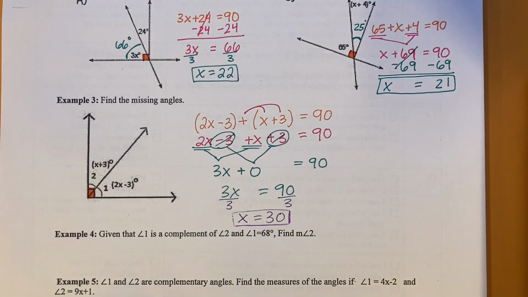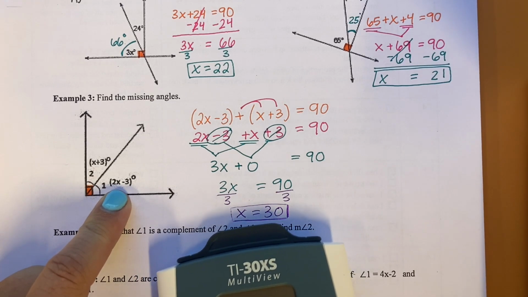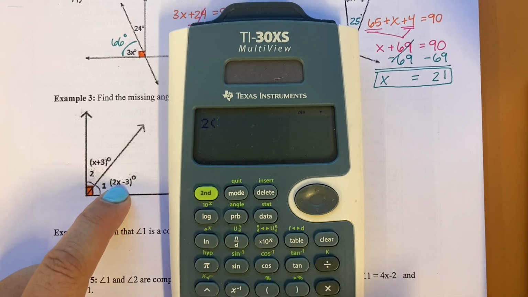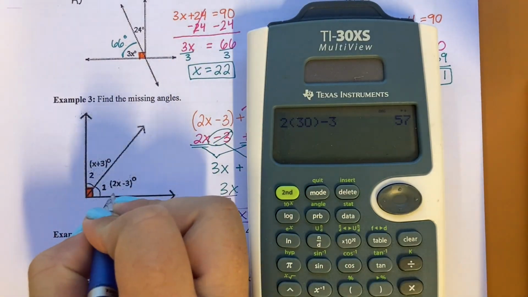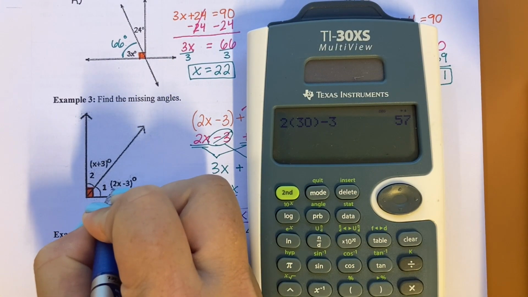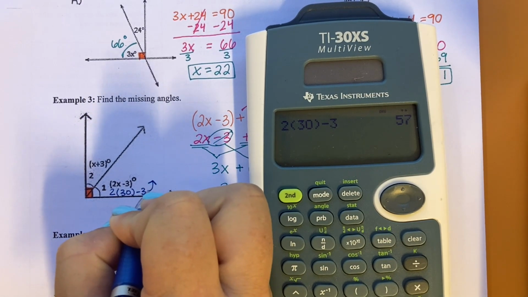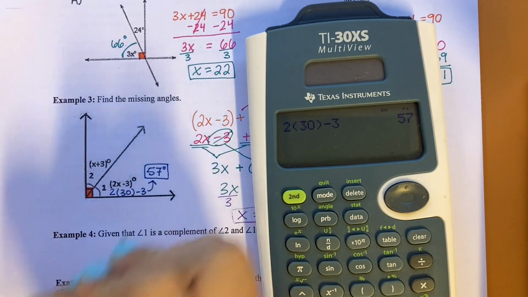So I know x is 30. If they ask me to find the angles, like if they ask for angle 1, then I'm going to take this 30 and plug it in for angle 1. So I would type in 2, where x is, I'd plug in a 30, minus the 3. 2 times my x gives me 57 degrees.